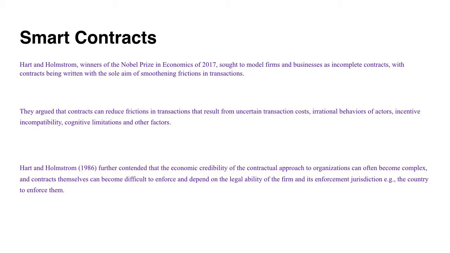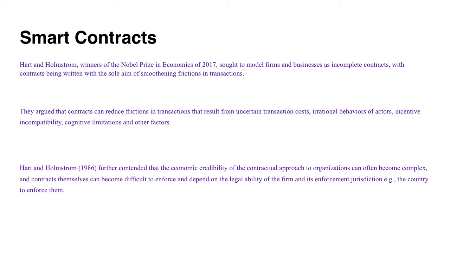So further, Hart and Holmstrom later, in 1986, contend that the economic credibility of this contractual approach to organizations can often become complex because contracts themselves are incomplete. The work is really not known, and in addition to being incomplete, it's also very difficult to enforce.